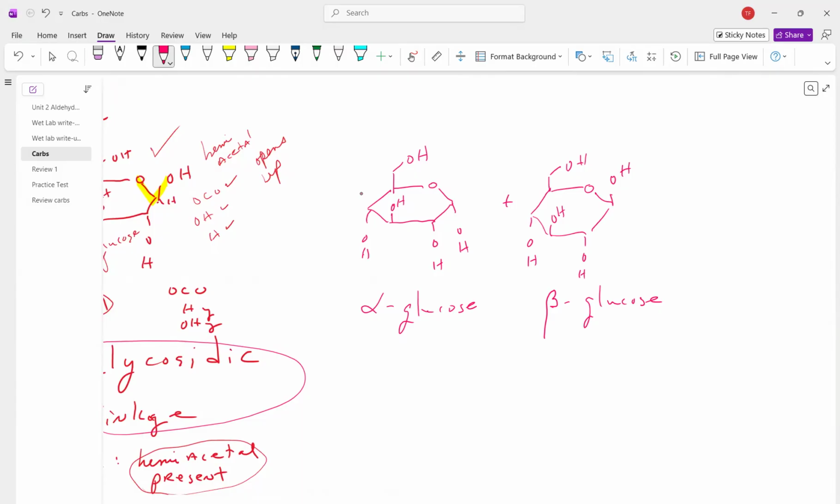Okay, so this one here, that's the anomeric carbon. And we have OCO. And we have an H present. And we have OH present. So that means that is a hemiacetal.